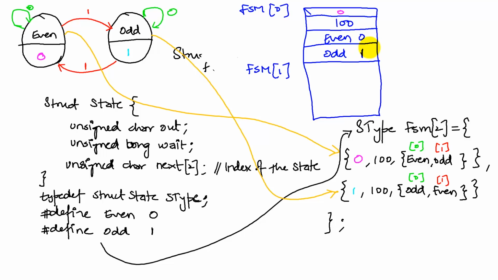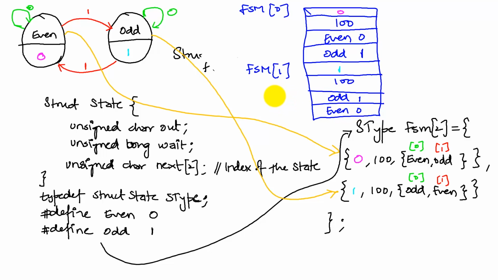And the second structure is going to have an output of 1, a delay of 100, and 2 elements here, which are odd, and in memory that's a number which is 1, and even, which is a number which is 0.